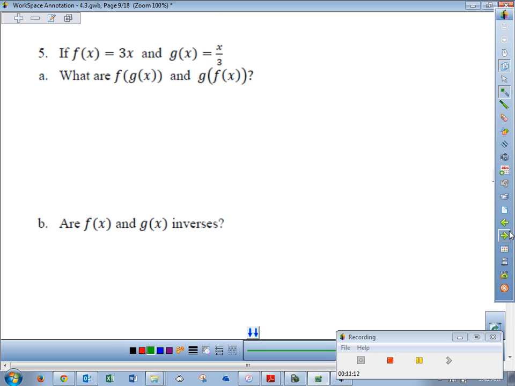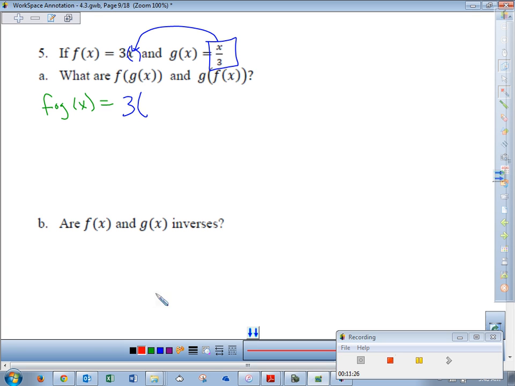Try that again. First guy, f of g of x. Put g in for x into the f function: 3 times x over 3. So far, so good to see if they're inverses of each other.